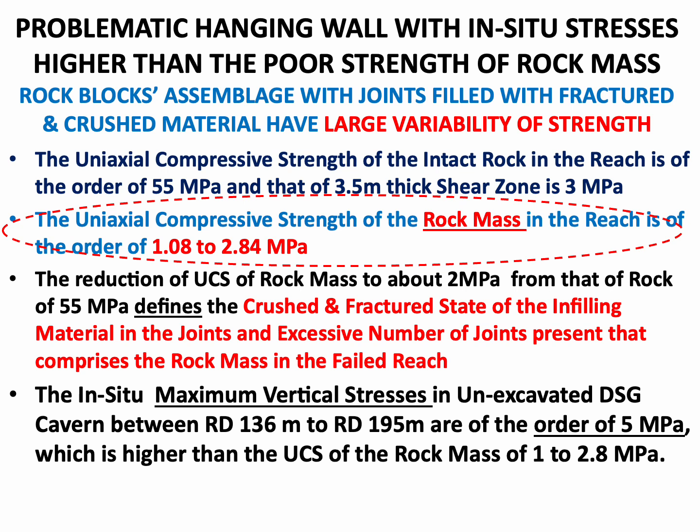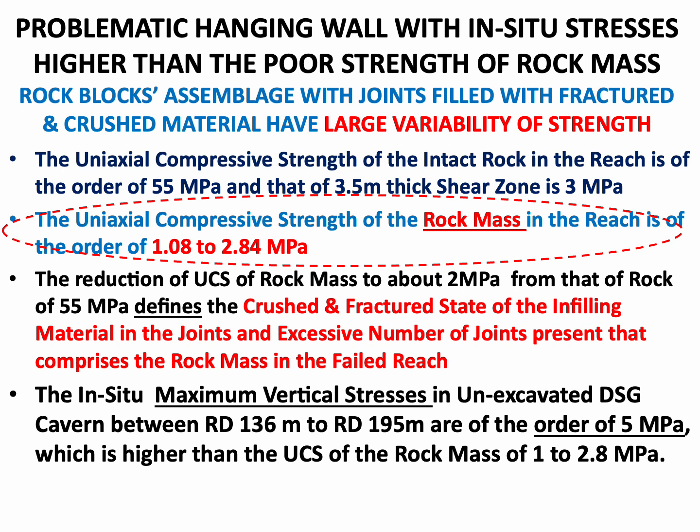The uniaxial compressive strength of the intact rock is 55 MPa. The uniaxial compressive strength of the 3.5 meter thick shear zone is 3 MPa. The uniaxial compressive strength of the rock mass in the hanging wall is only ranging between 1.08 to 2.84 MPa.